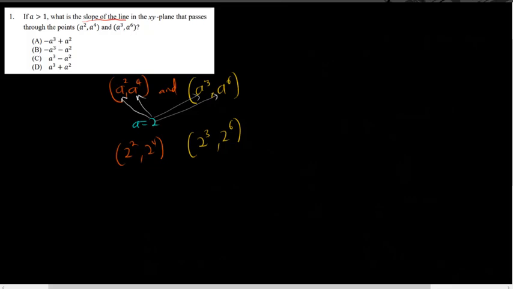All right, now let me try to understand this. 2 raised to the power 2 means that 2 multiplies itself twice, so 2 raised to the power 2 is 2 times 2, and that is 4. And 2 to the power 4 means 2 multiplying itself 4 times, and that is 16, because 2 times 2 is 4, 4 times 2 is 8, 8 times 2 is 16.